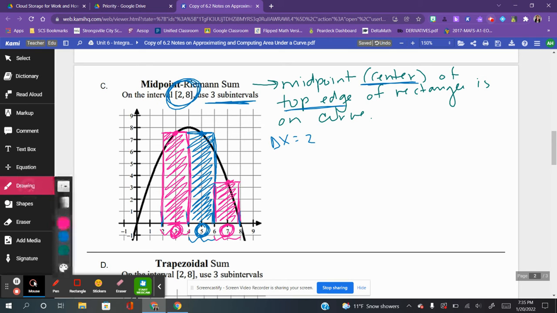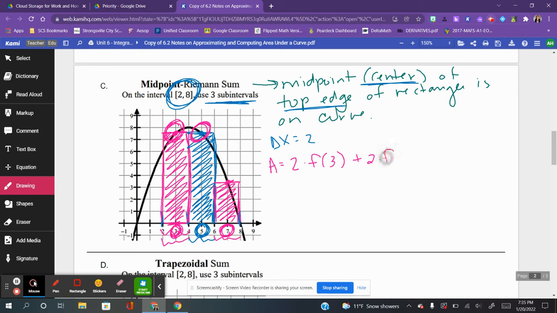All right, so let me set up my area formula for this. It looks like my area formula is still base 2 times, well, this time I have to evaluate f of 3, because 3 is the midpoint of my subinterval from 2 to 4, plus base of 2 times the height of my function at an x value of 5, plus 2 times the height of my function when x is 7.